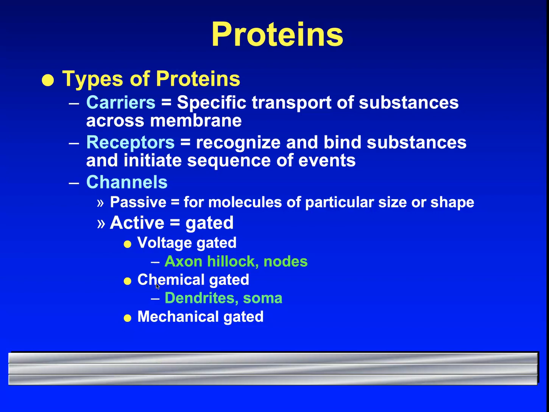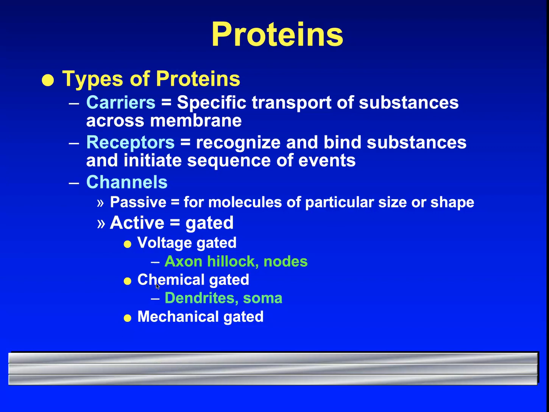If, let's see, Xanax binds to a GABA channel, it opens up and chloride comes in and makes it negatively charged. So a magic chemical has to bind to this kind of channel, and that will open up the channel then. So those are chemically gated. They'll be opened when the right chemical binds.